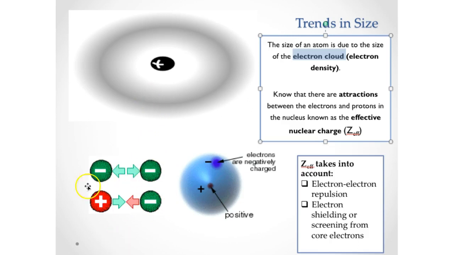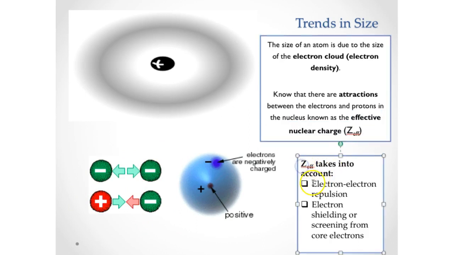Whenever the nucleus has a large positive charge, it has the power to pull the outer electrons towards itself, not take them directly in. We call this ZEF, the effective nuclear charge. The more positive the nucleus is, the larger the attraction between the outer electrons and the nucleus.